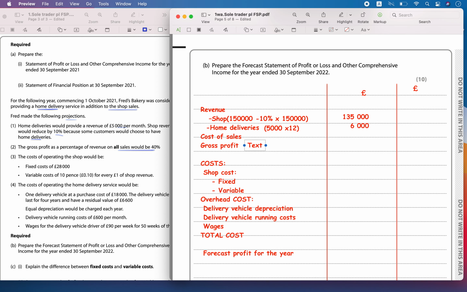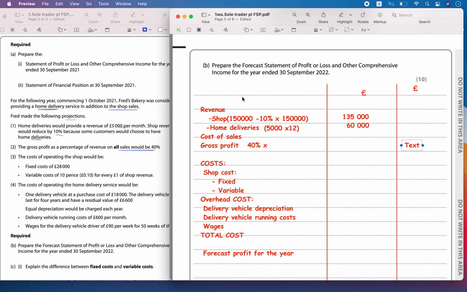So let's add up these two revenues: 135,000 plus 60,000, so 195,000, and on that 40% is going to be equal to 78,000.